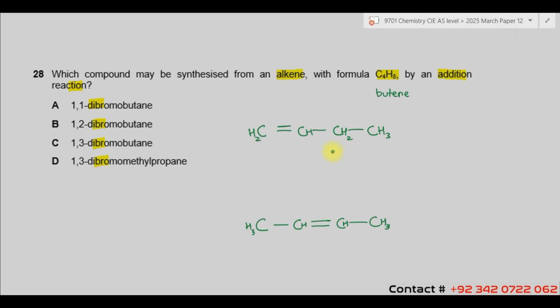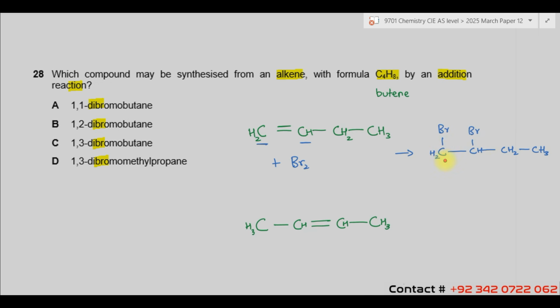Alright, now let's react it with bromine. So bromine is going to add itself on the double bonded carbons, one on each carbon, and the double bond is going to convert into a single bond. Okay, now let's name this one.